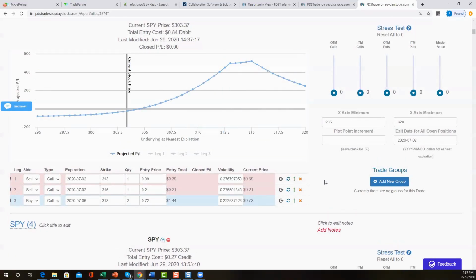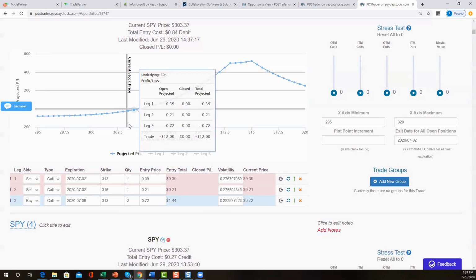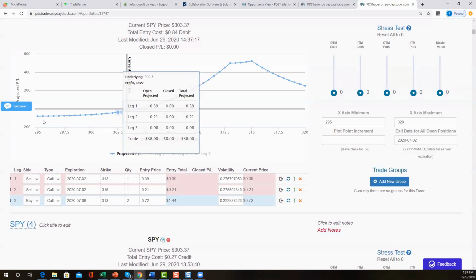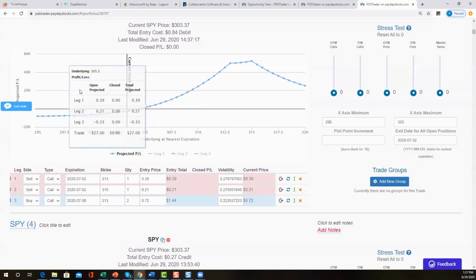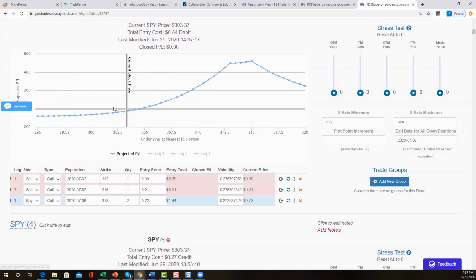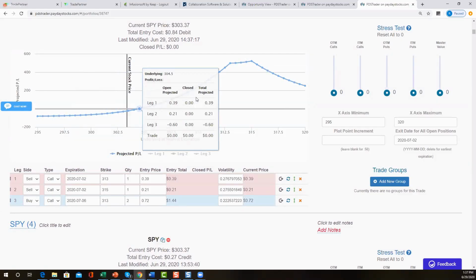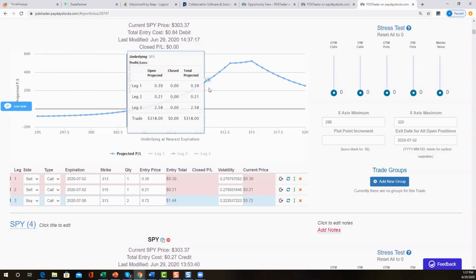Okay. All right, so this one we have the market. The risk on this trade is $85, or the debit, $84, if the market moves down. If the market begins to move up to say 311, my profit projection here is $318.